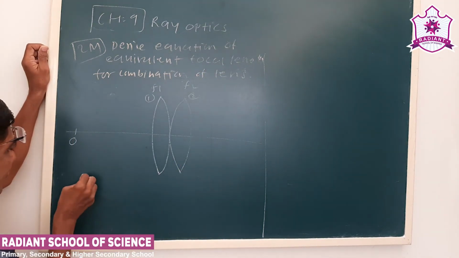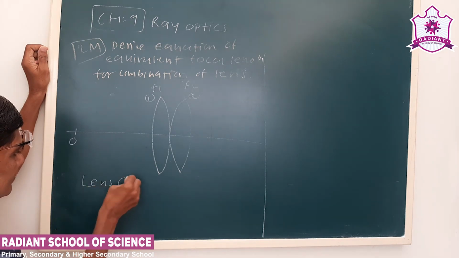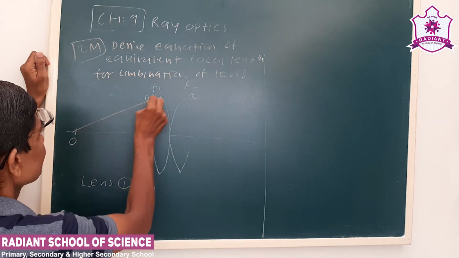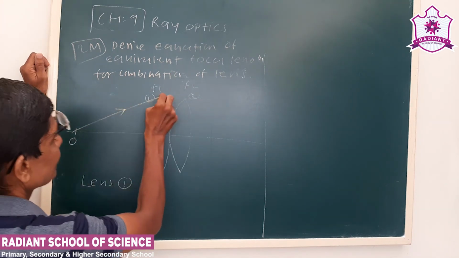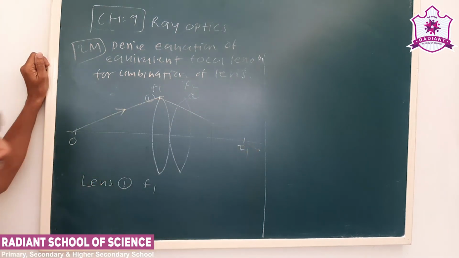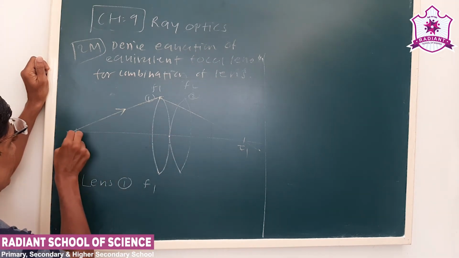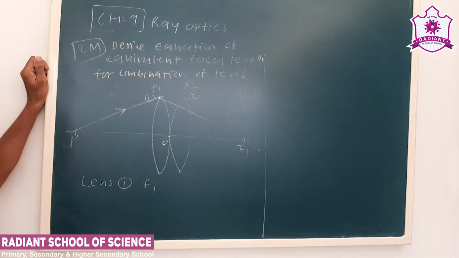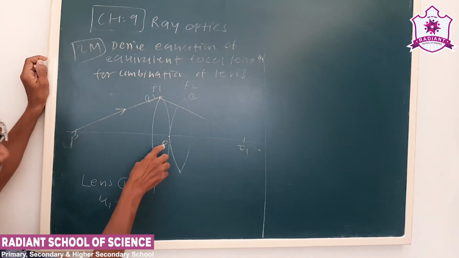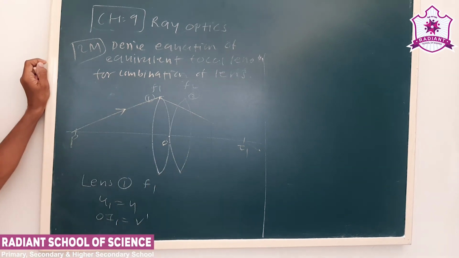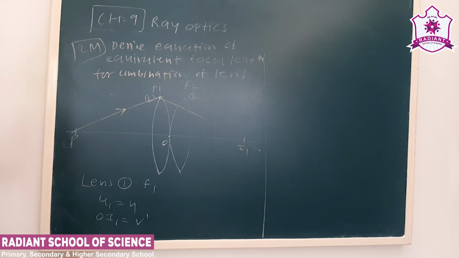Now see, lens 1 has focal length f1. Now we can say the first ray forms the image here. Here U1 is U, that is the object distance. This OI1 is the image distance. We can call it V dash for simplicity.